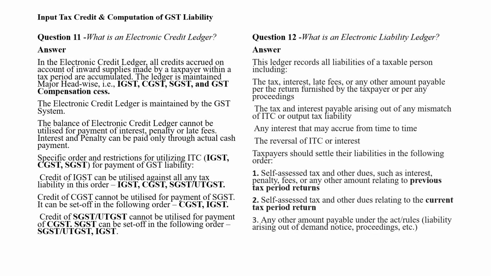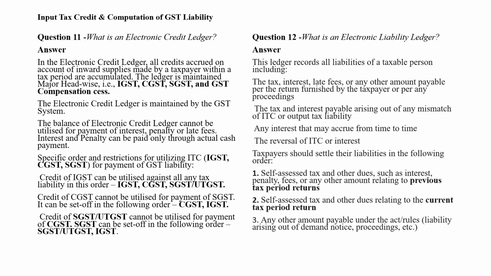So now come to the next very important question. What is an electronic credit ledger? In the electronic credit ledger, all credit accrued on account of inward supplies made by a taxpayer within a tax period is accumulated. The ledger is maintained major head wise, that is IGST, CGST, SGST and GST compensation cess.